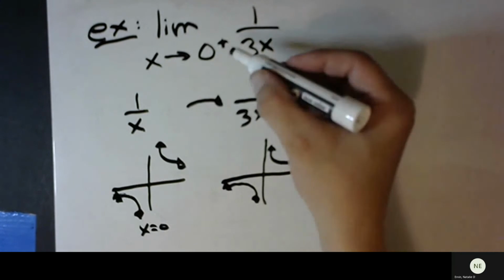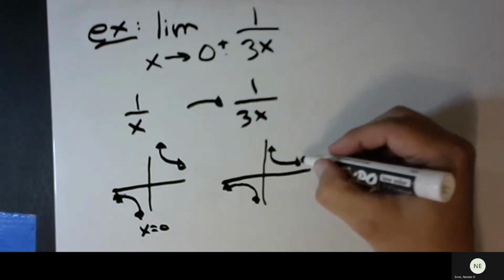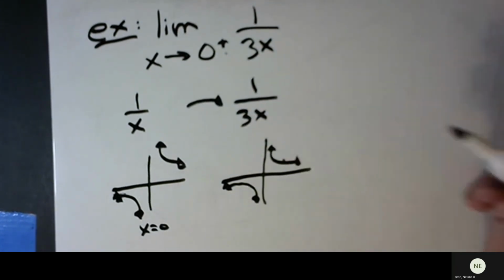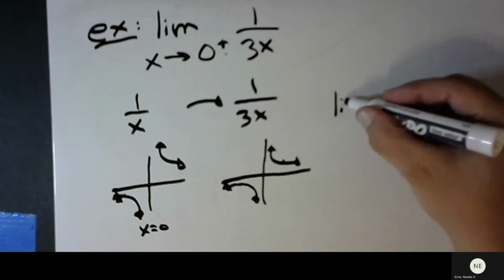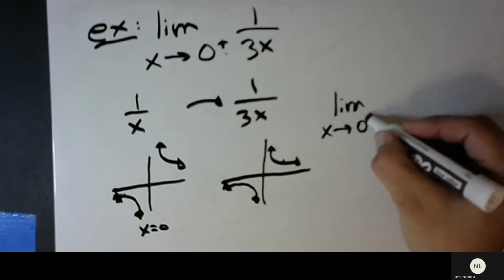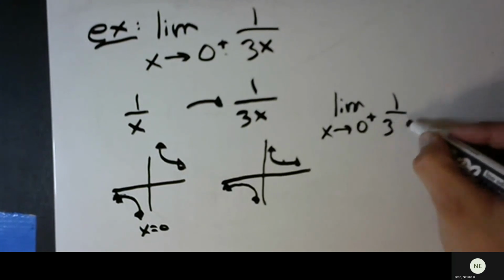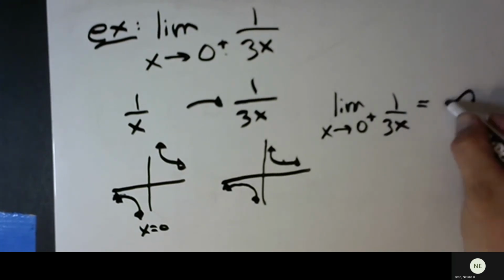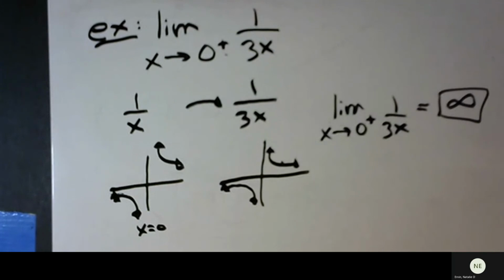But you can still see, since we're approaching 0 from the right, we're going up to infinity. And so that's going to be our answer.